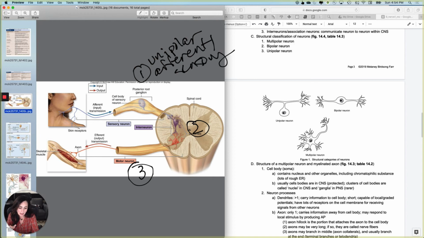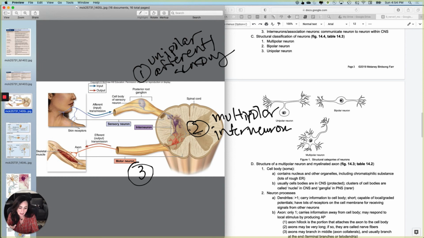Good. Number 2, what is the structural classification of that neuron? It is multipolar. And what is the functional classification? It's not afferent, it's the one that's actually between 2 neurons. So the functional classification is that it's an interneuron, also sometimes called association neurons.